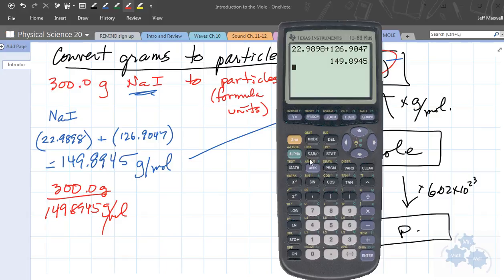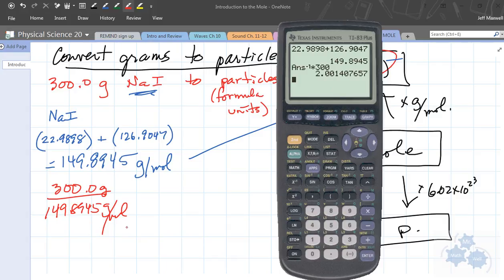So you could do the reciprocal of the, whoops, what did I just do there? Second function, thank you. So the answer reciprocal times 300. That should get you the same answer as if you did 300 divided by 149.